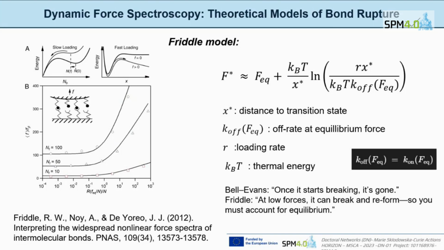At low loading rates, that means low pulling speeds, we can observe so-called rebinding. We have a complex, we rupture it, but the distance between the molecules is still very close, and it is energetically convenient for them to bind again. In this model, that is included. That gives us the true information about the shape, the energy landscape, of this complex.